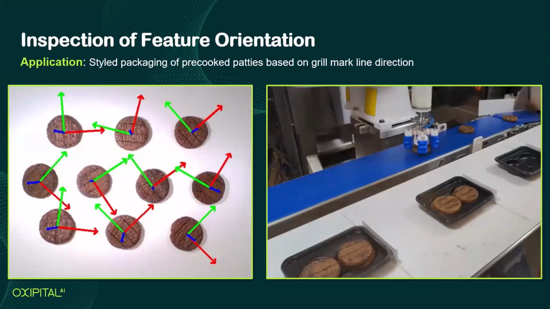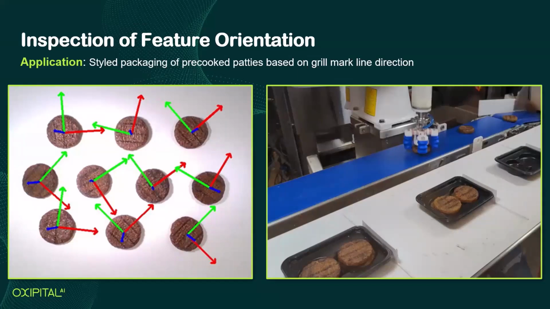So I've mentioned the importance of product presentation or product styling a couple of times, but this remains an important part of any packaged food. Having the ability to determine the orientation of a product based on certain features is very important for that presentation. A lot of patty products, such as these grilled burger patties that you see here, are manufactured.